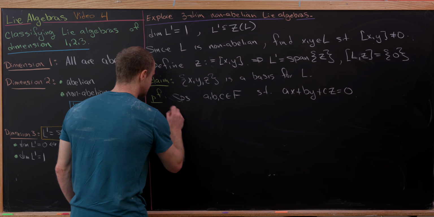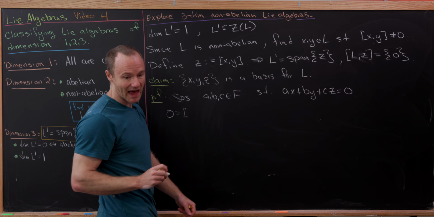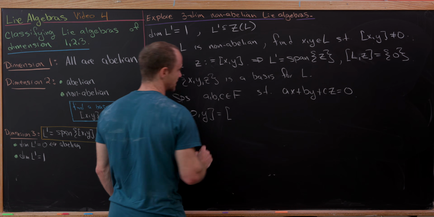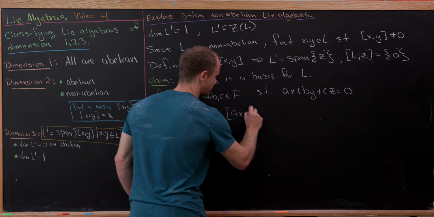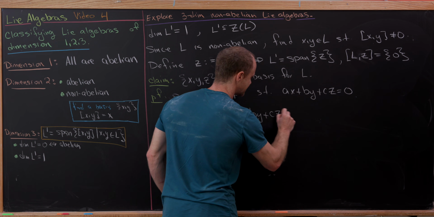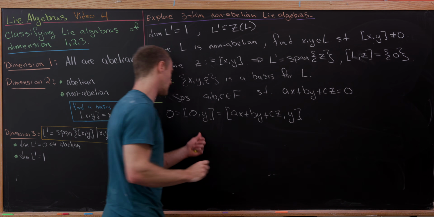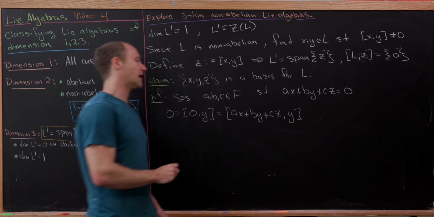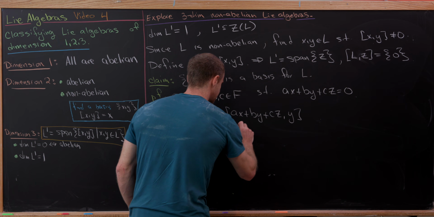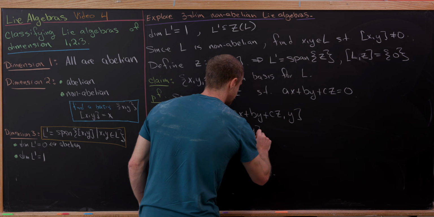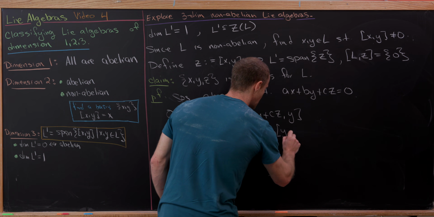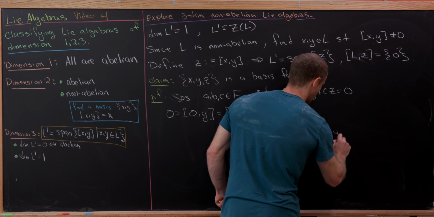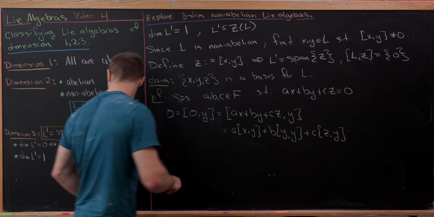Let's notice that 0 is the same thing as 0 bracketed with y. I think that's pretty clear. But then that's the same thing as ax plus by plus cz bracketed with y, where I've just replaced 0 with that expansion. Now we can use bilinearity to write this as a bracket xy plus b bracket yy plus c bracket zy.